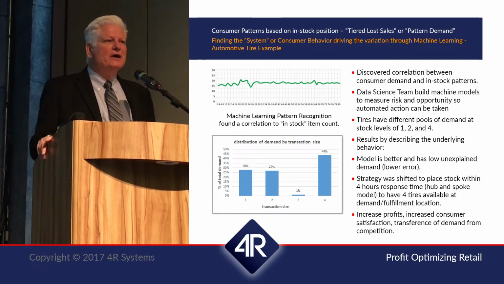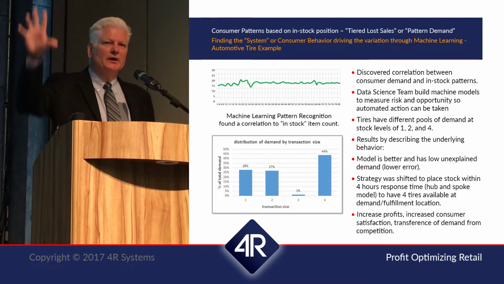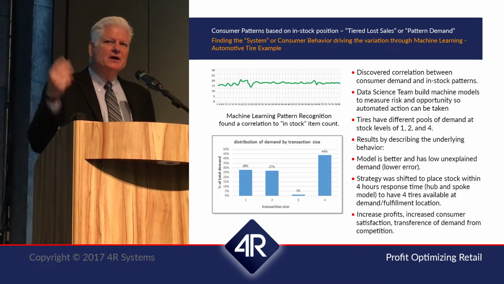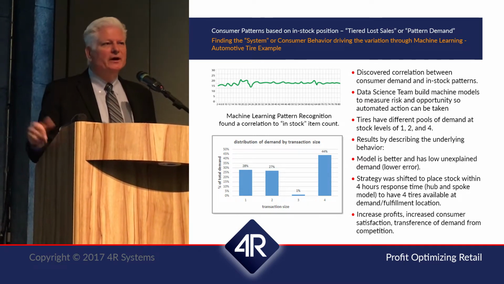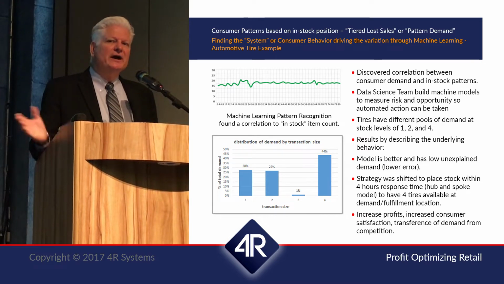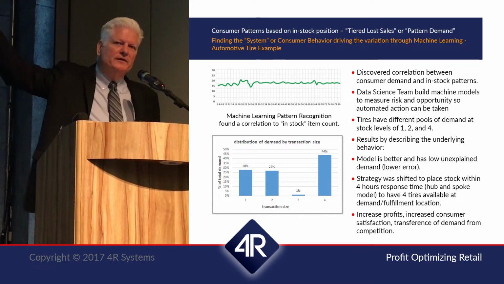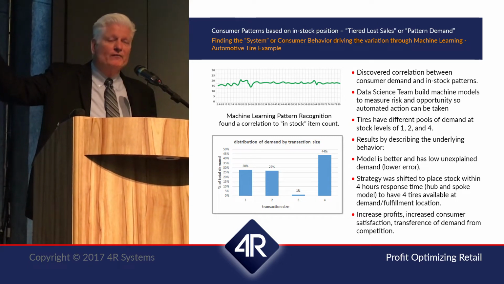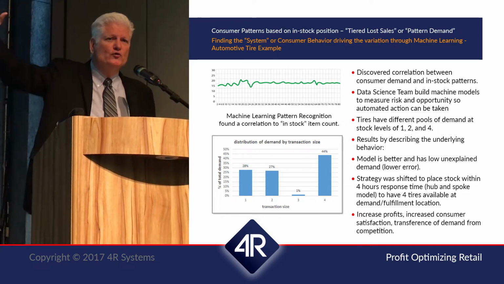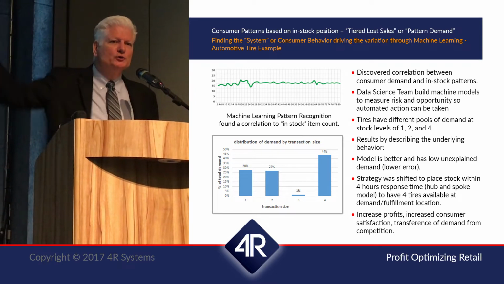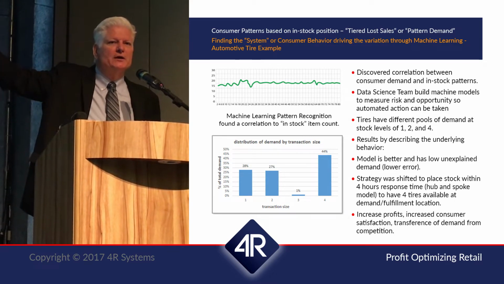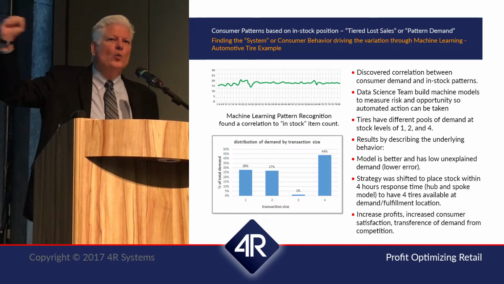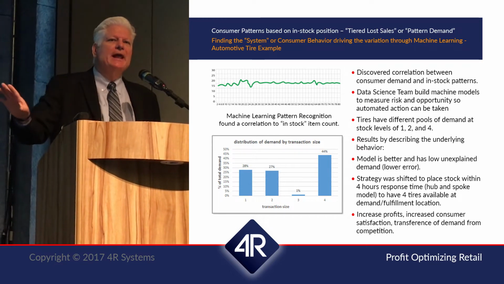The second part of now understanding there's a correlation between how many are there and the sales. The second thing you want to understand is, okay, how much do I lose if I have less than 4? The data up above shows you exactly what happens. When there are 4 tires and you remove 1, you go down to 3, you lose 44% of your demand. 44% of the people wanted all 4. 3, not enough.